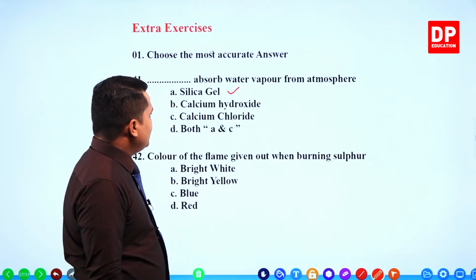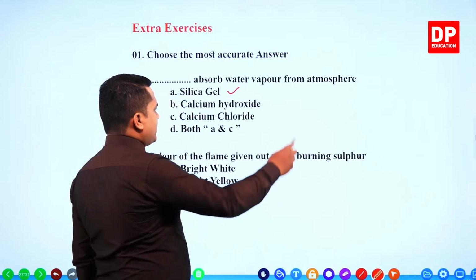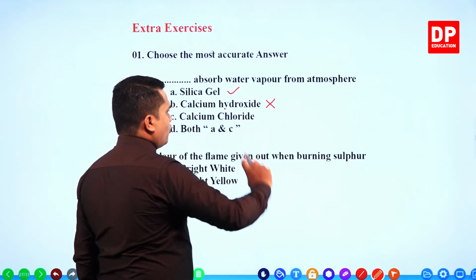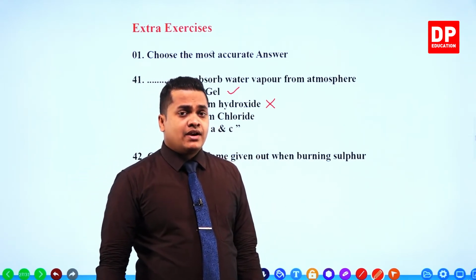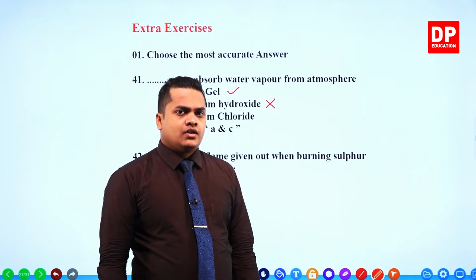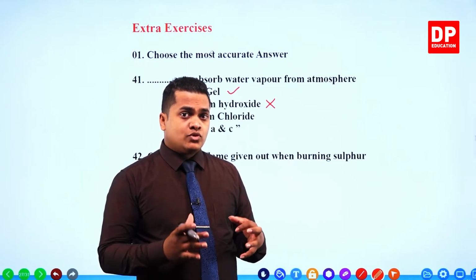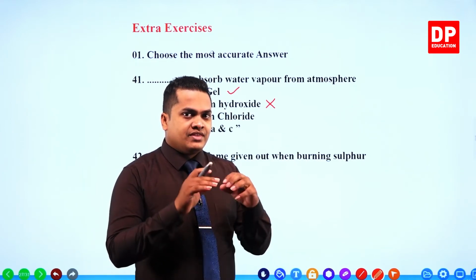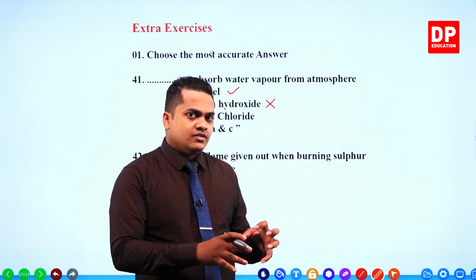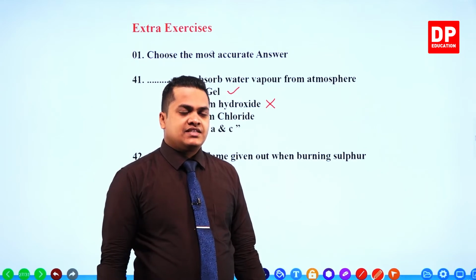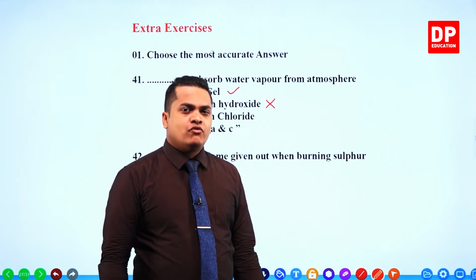Number 2, calcium hydroxide. Calcium hydroxide can't absorb water vapor, but there is a certain substance that calcium hydroxide can absorb. Calcium hydroxide can absorb carbon dioxide gas. That's why the color of calcium hydroxide solution, or lime water, changes. Calcium hydroxide means, my dear children, lime water.